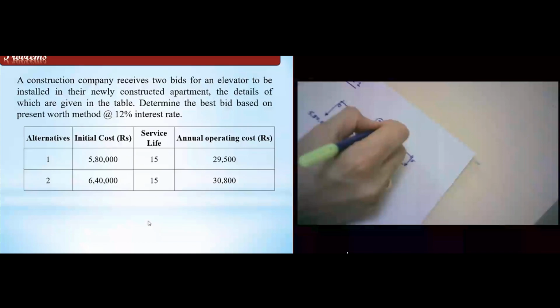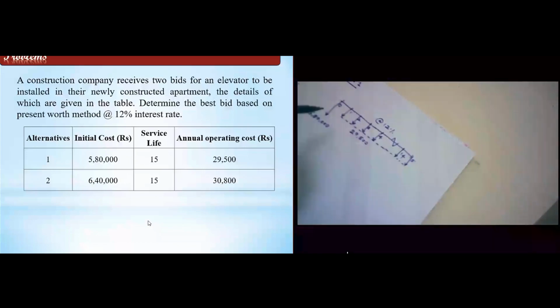So now you can see here in this cash flow diagram you have components relating to the initial cost as well as the annual operating cost, and we don't have any components on the revenue side. So that means the given cash flow diagram belongs to the cost dominated approach.